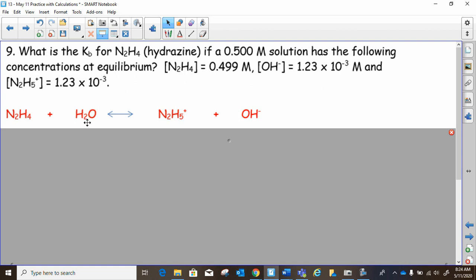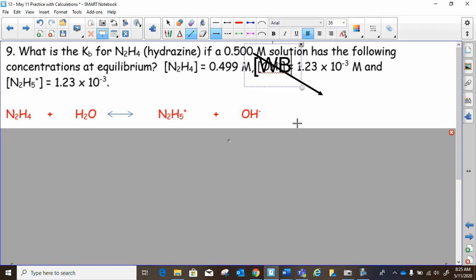Now, in keeping with the credit assignment that I've given you this week, I've asked you to write down your given, and I've asked you to identify what your unknown is. In this case, that's a rather large arrow. Let's try this again. Here we have 0.5 molarity. That is a given, and that is our weak base solution.